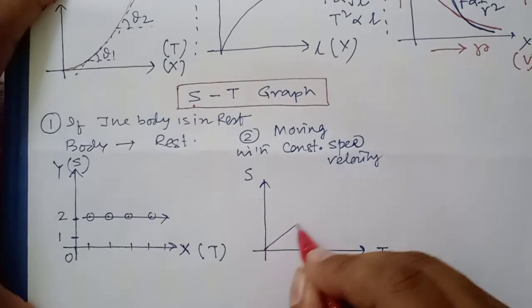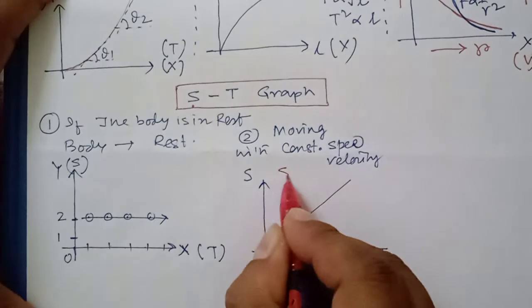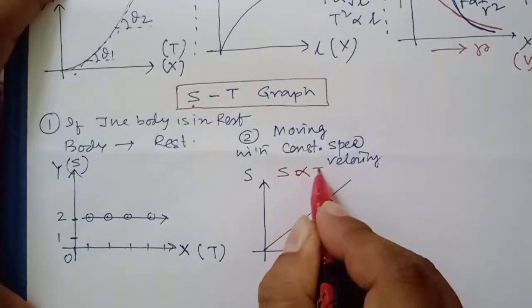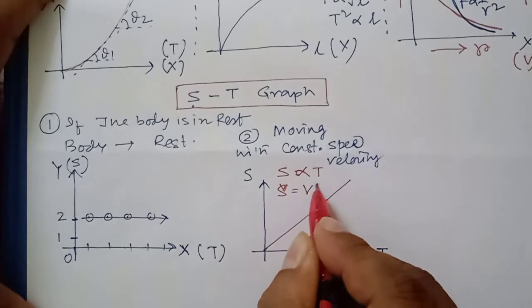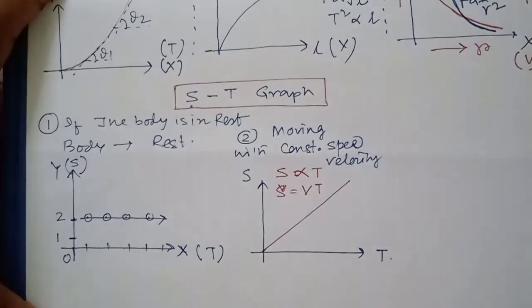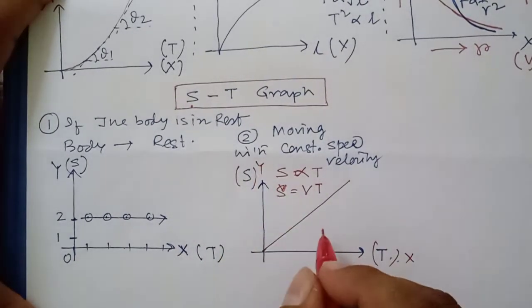It's a straight line passing through the origin, because, students, S is proportional to time. S is equal to constant V into T. So here T and S are variables like Y and X, and V is the constant.